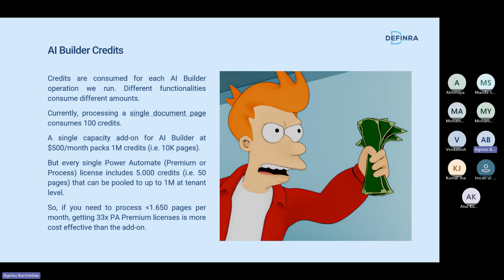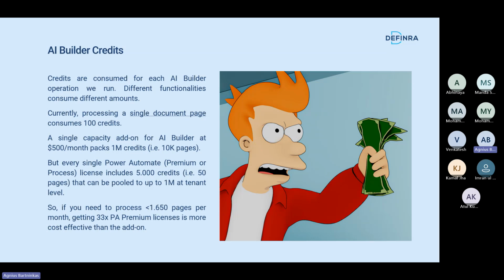Now, that might sound like a lot, and that might be why people think it's expensive to automate invoices. But there's a caveat: every single paid Power Automate license, whether premium or process, actually includes some credits, which is 5,000 credits per license, meaning 50 pages.